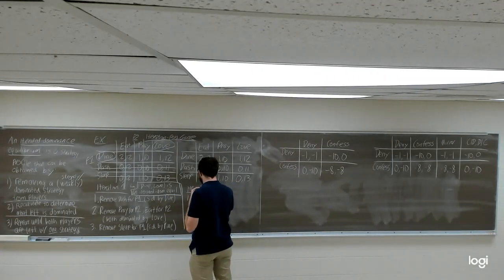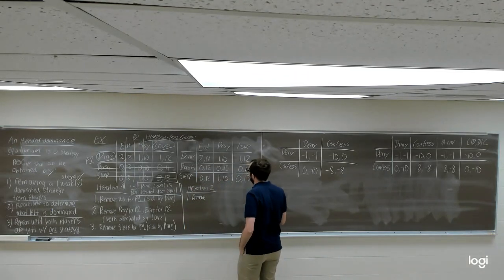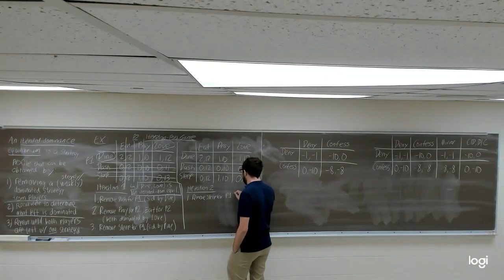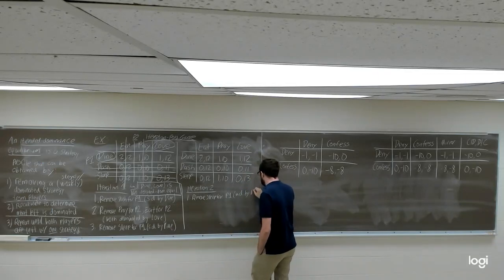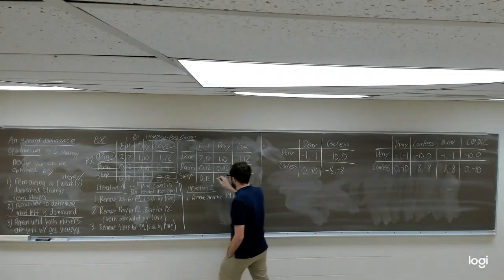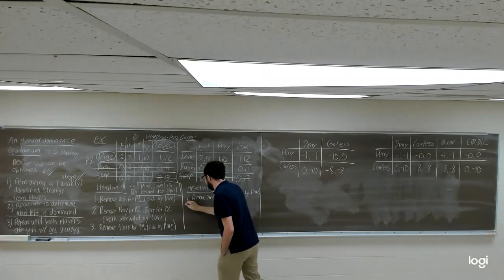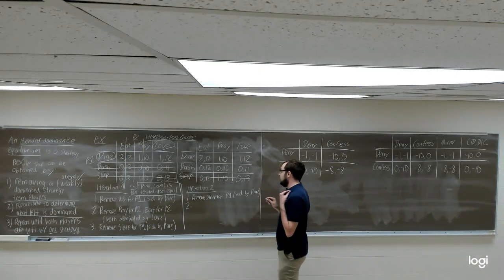So first thing we are going to do is remove sleep this time for player 1, because it is going to be weakly dominated by dine. And now, second, what are we going to do?